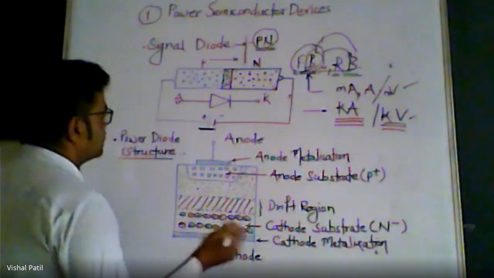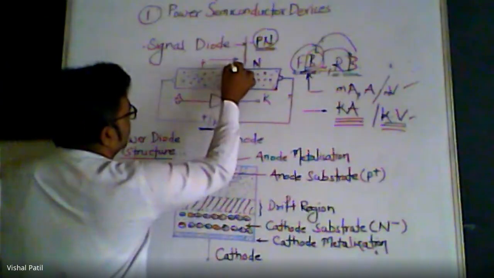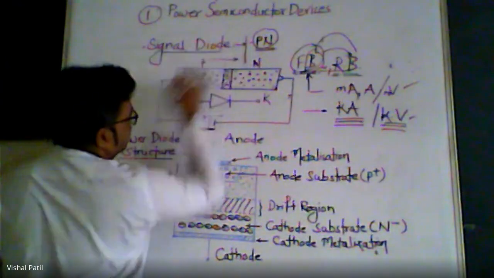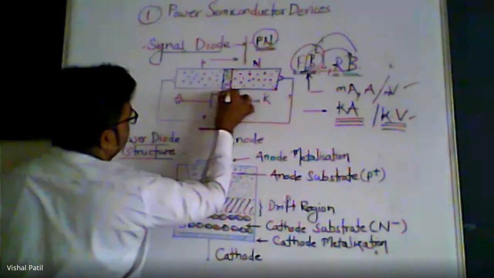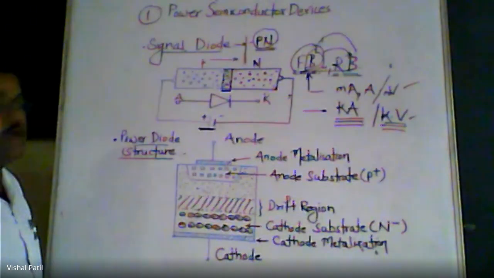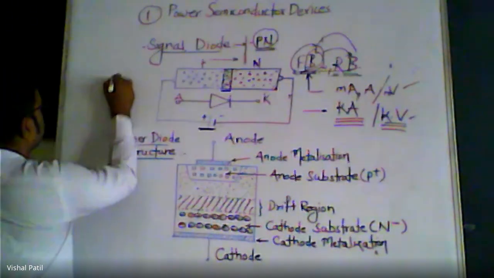Now, as I mentioned, the fundamental building block of any diode, let it be a power diode or signal diode, is a PN junction. Every diode has one PN junction.